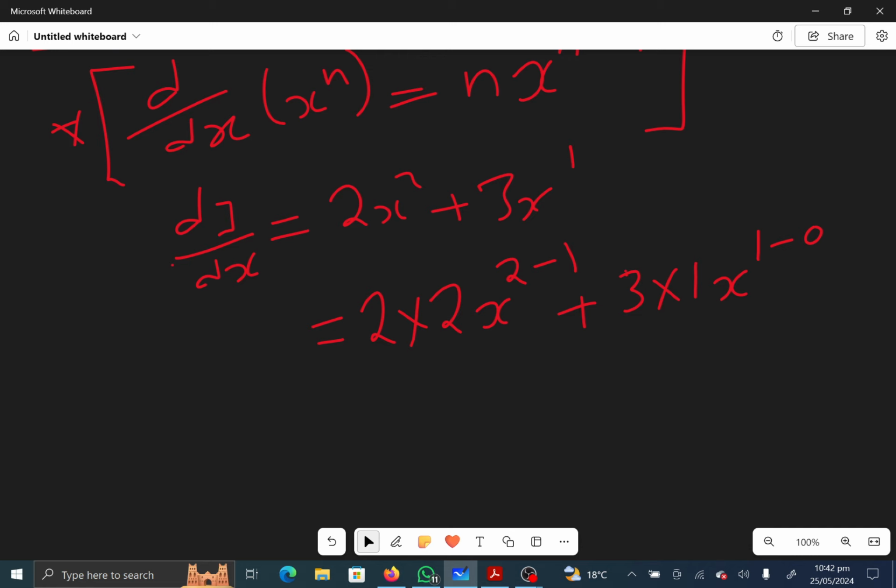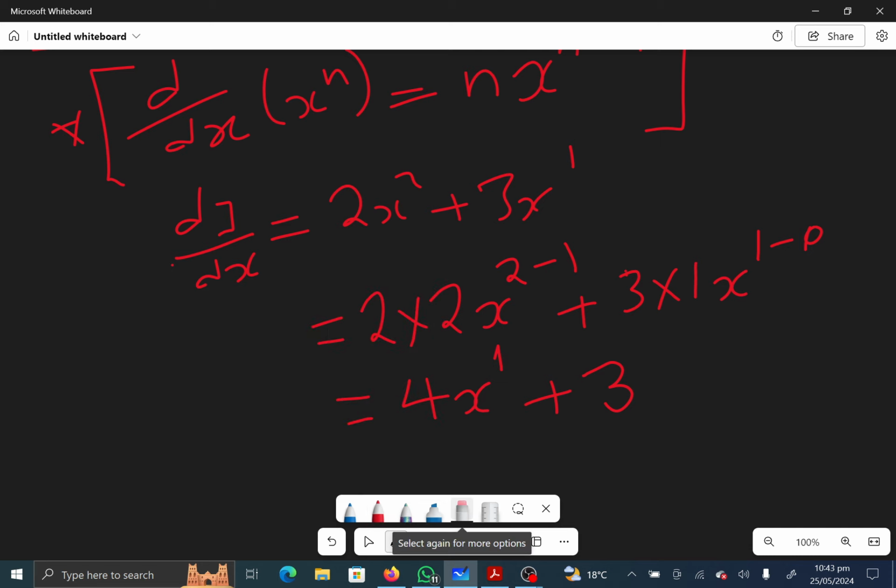So then we say equals 2 multiplied by 2, then we have 4x, then 2 minus 1 power gives us 1, then plus 3 multiplied by 1, that gives us 3, then we are saying 1 minus 1.